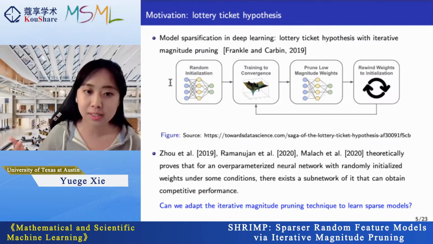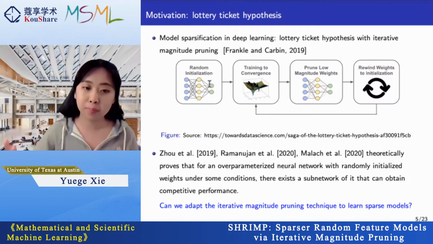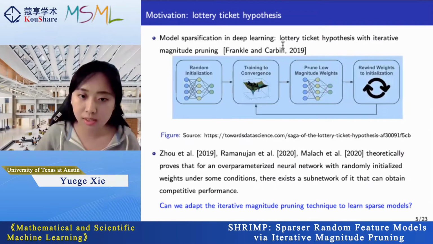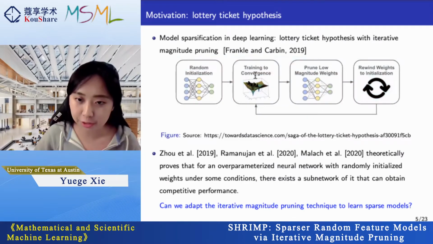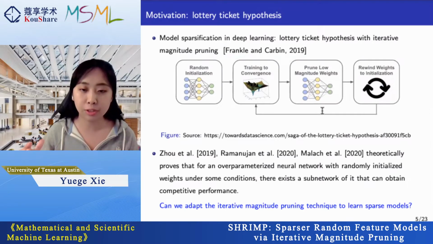We start with a random initialization of a neural network, and then we train the very large, over-parameterized network to convergence. Based on the weights of the converged network, we prune low magnitude weights based on their absolute values. So the resulting network is sparser than the previous fully connected network.